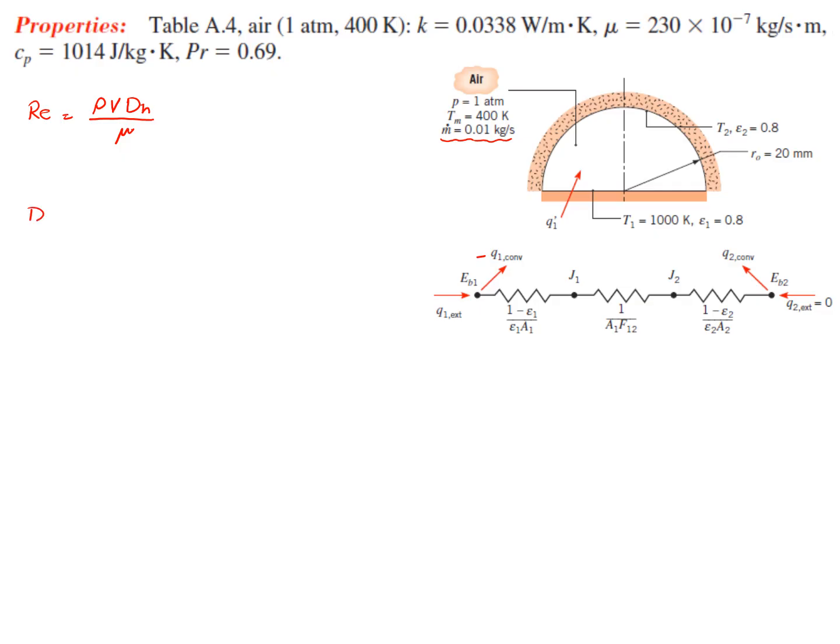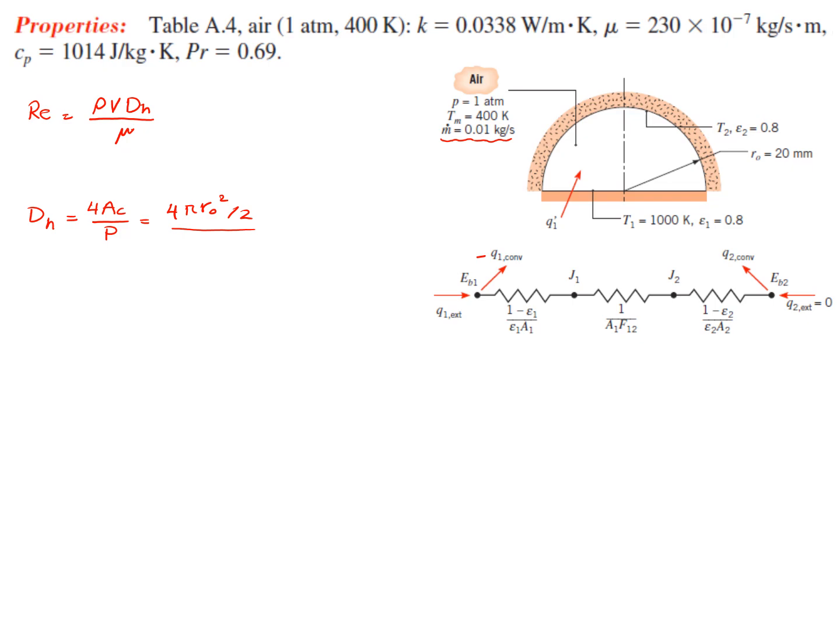The Dh, the definition for that would be 4 times the area of your cross section divided by the perimeter of your surface. So 4 times the area of my cross section: pi r squared is the area of a full circle, so pi r_o squared divided by 2 would be the area of this cross section, which is half of a circle.